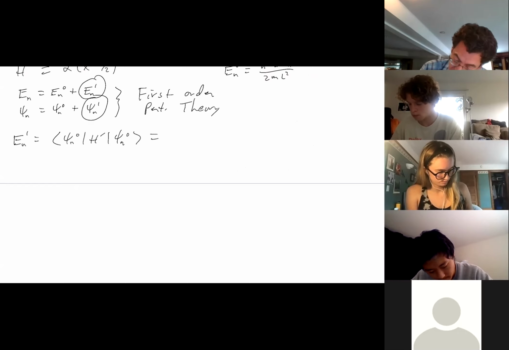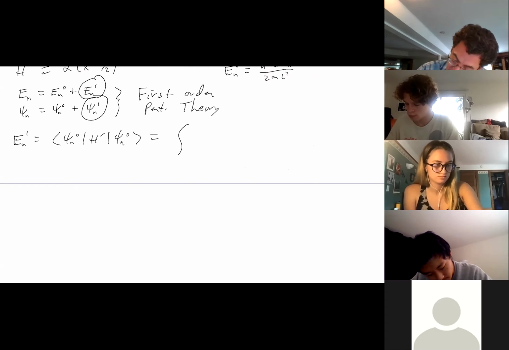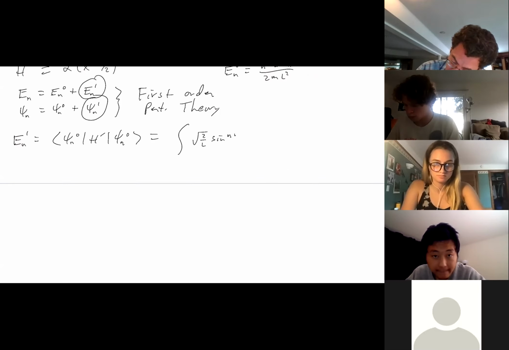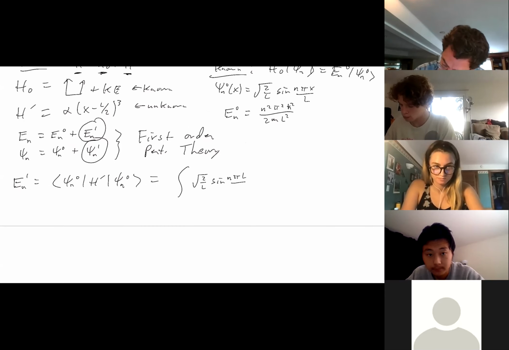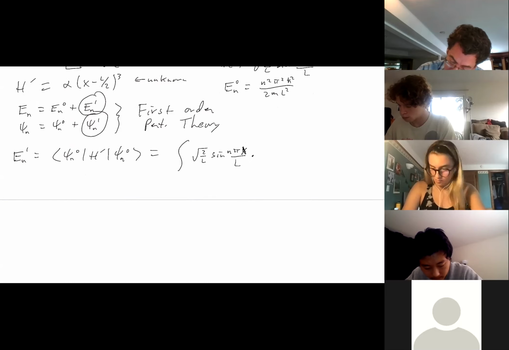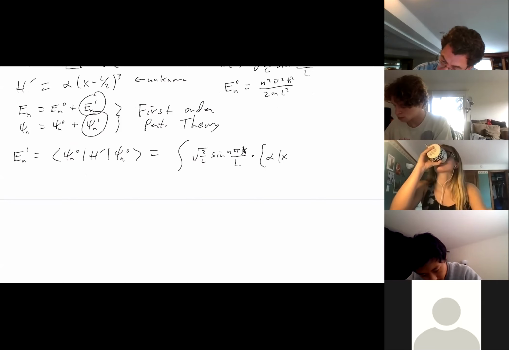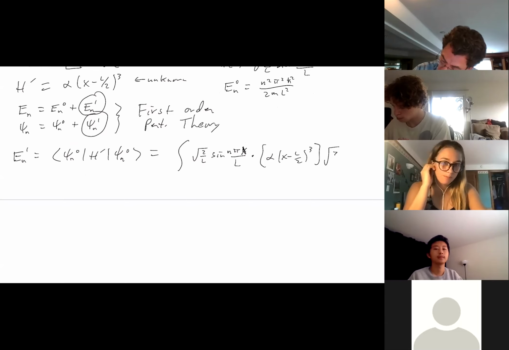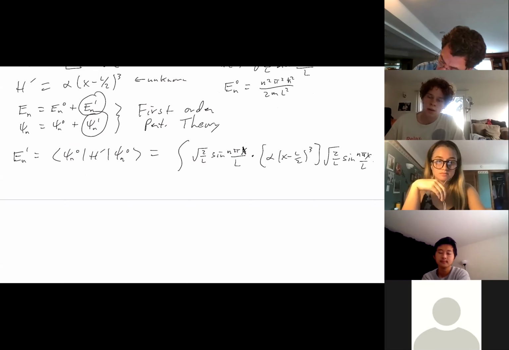And that's just going to be an integral of psi n naught, which is the square root of 2 over L sine of n pi x over L, times the perturbation. This is where I'll stick my alpha times (x minus L over 2) cubed, times the square root of 2 over L sine of n pi x over L dx.